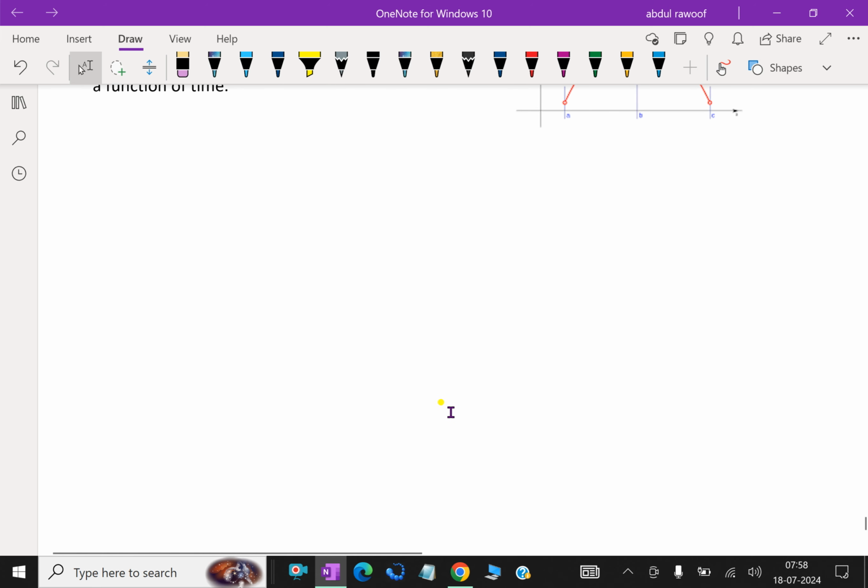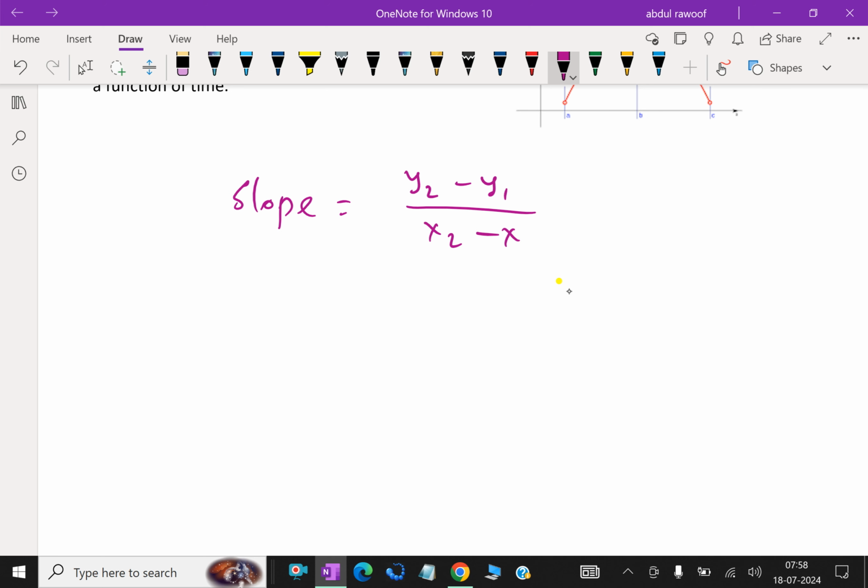For example, normally slope can be defined on a particular curve. Slope is y2 minus y1, that is, the second value minus the first value of y, over x2 minus x1, the higher value of x minus the lower value of x.